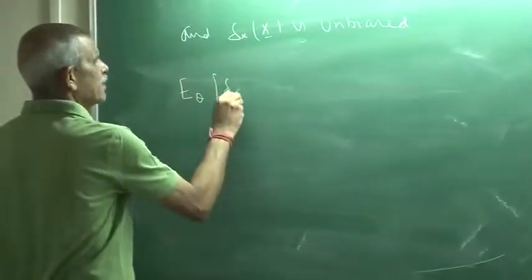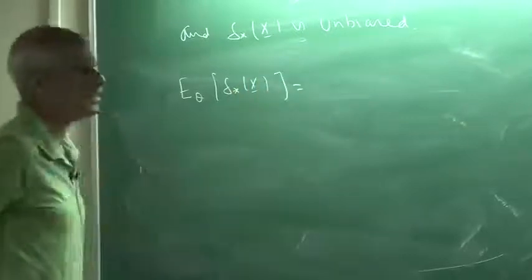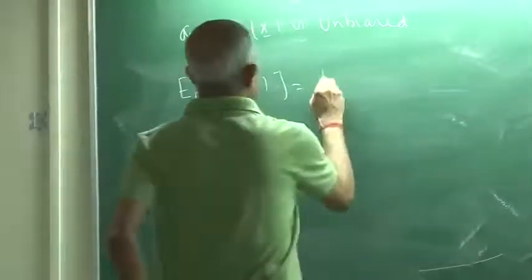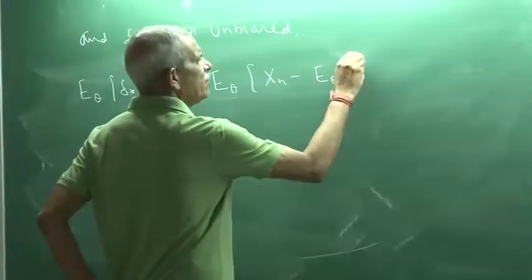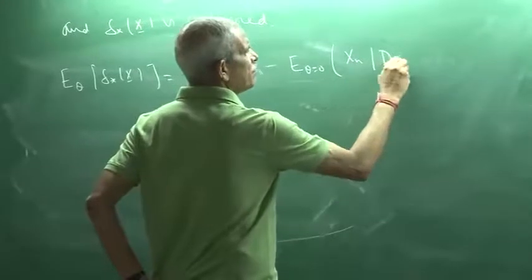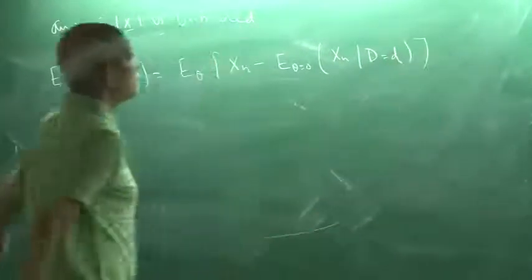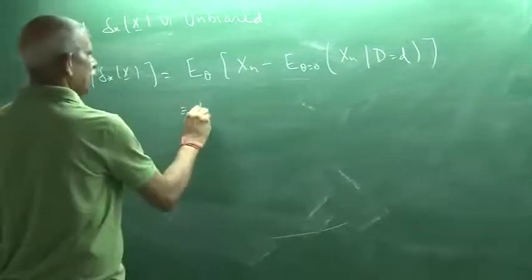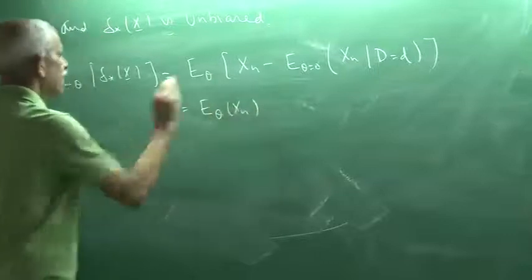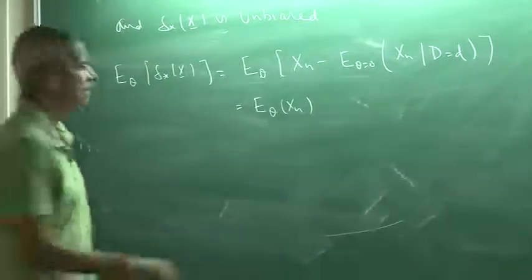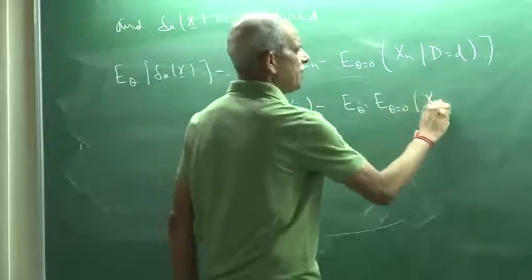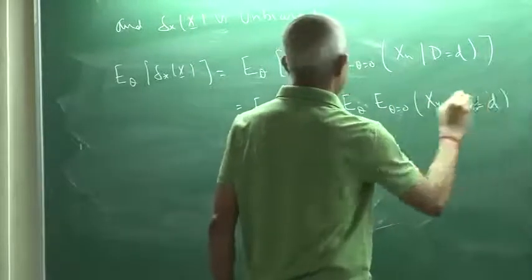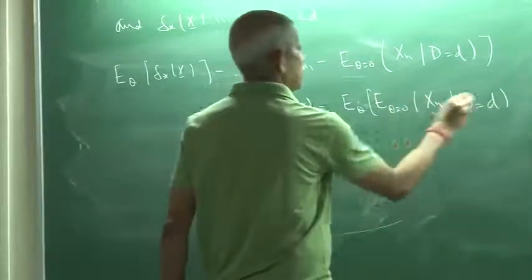So let's try to see what is the expected value under theta of delta star x, which is nothing but expected value under theta of delta naught x minus expected value under theta equal to 0 of xn given D equal to d. That is the same as expected value of xn minus E theta equal to 0 of xn given D equal to d. So double expectation.